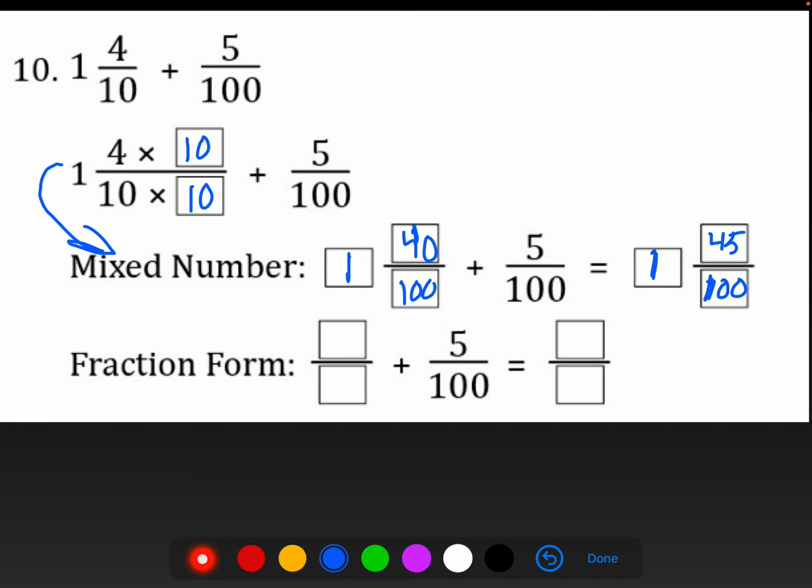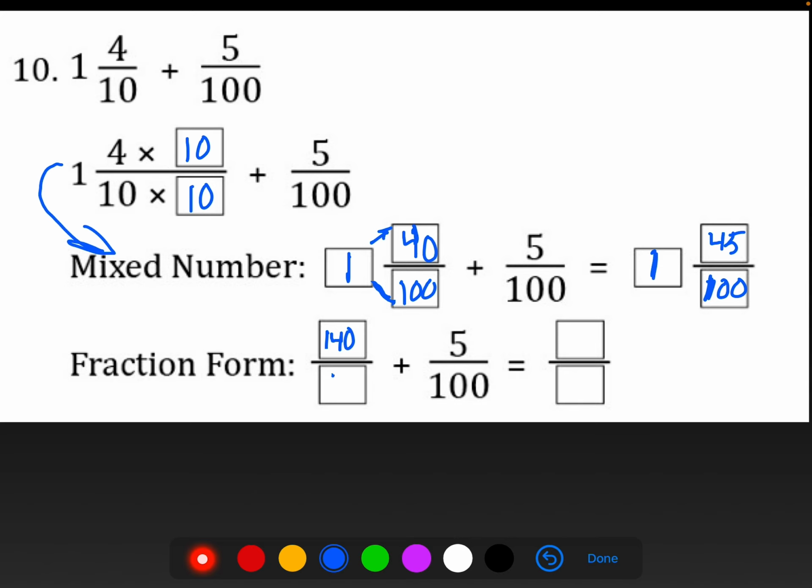All right, so now I'm going to go the opposite way. If we have a whole, we know that's actually the same as 100 over 100, because that's how many pieces it's broken into. So 140 is our whole number. Remember, this one whole is worth 100 over 100, plus the 40 here.